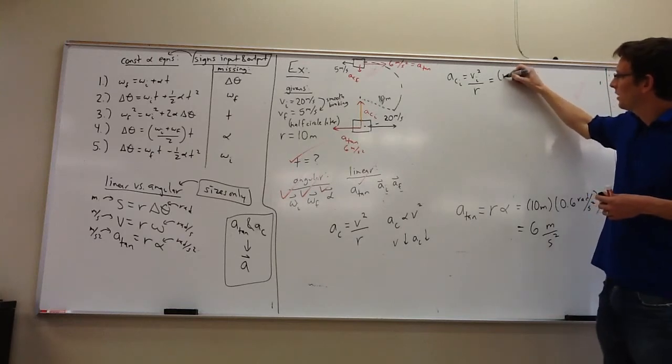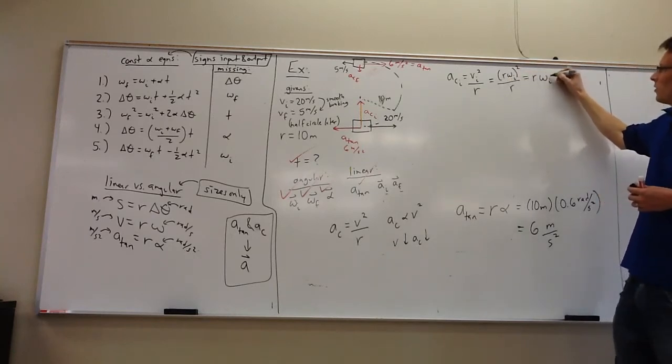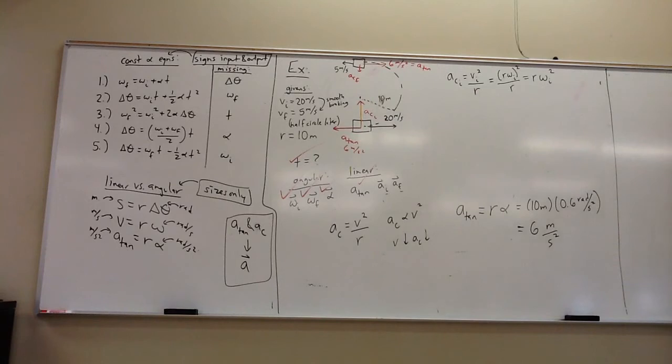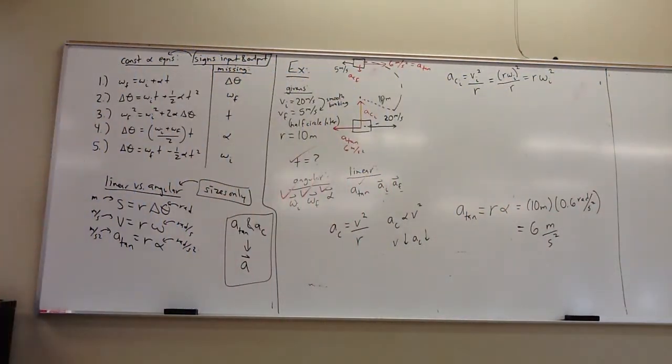I could plug in v is R omega initial. And that simplifies to this. So if you see that anywhere, don't get too confused. That's just an alternative way of expressing the centripetal acceleration. You can take it as v squared over R or omega squared times R.